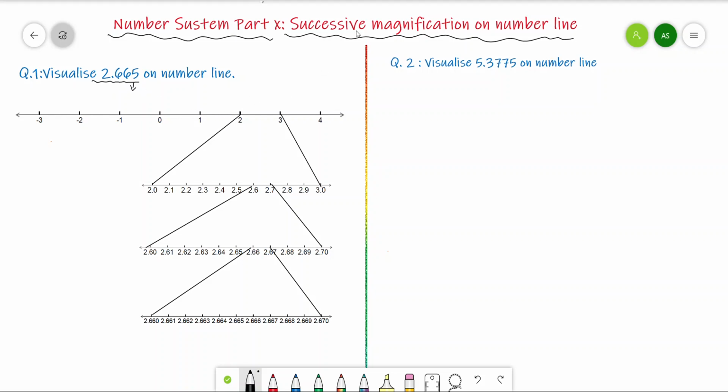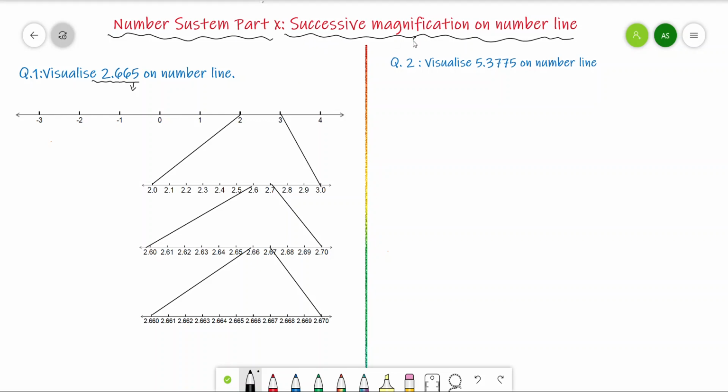So what we do in this class, try to understand how we can visualize. This is just the visualization to show where that particular number lies. The name of the topic says successive magnification.